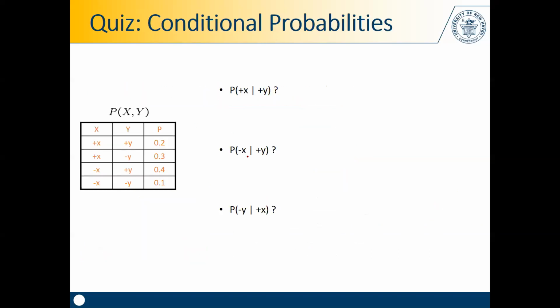Okay, now let's work through a couple more examples. Given this joint distribution, what is the probability of plus x given plus y? It's the joint probability of plus x and plus y over the probability of plus y.